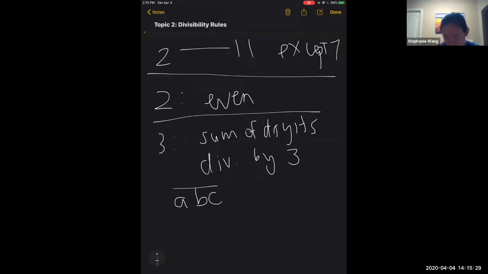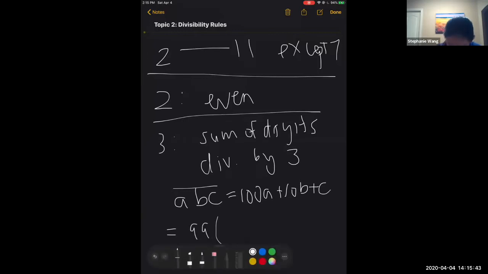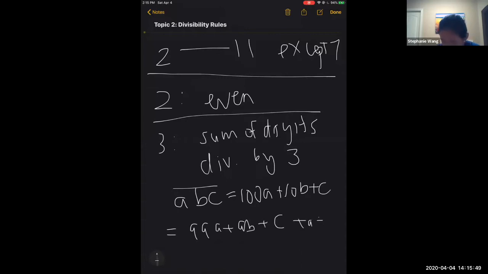So let's say I have the number ABC, right? We can rewrite this as 100A plus 10B plus C. We can also rewrite this as 99A plus 9B plus C, and then plus A and plus B, because 99A plus A is 100A, and 9B plus B is 10B.